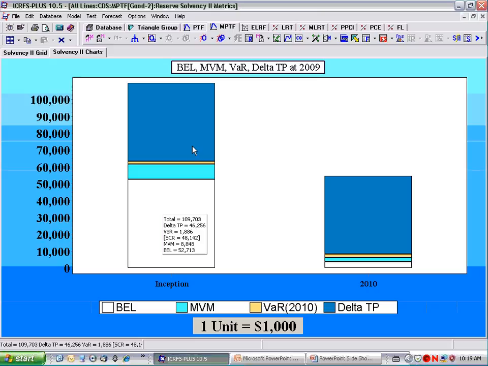The VAR is pretty small compared to the delta TP. The SCR is 48 million. That's the solvency capital requirement, which is the delta TP plus the VAR.